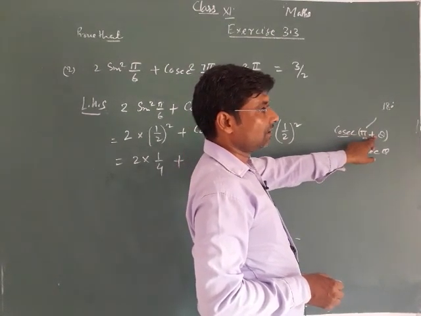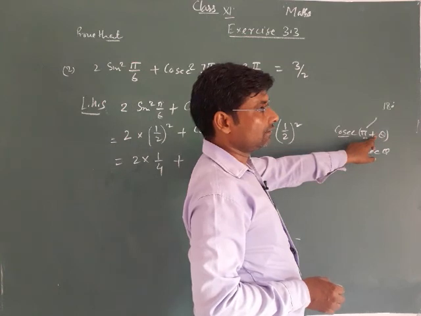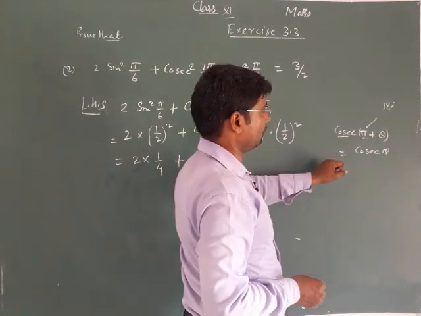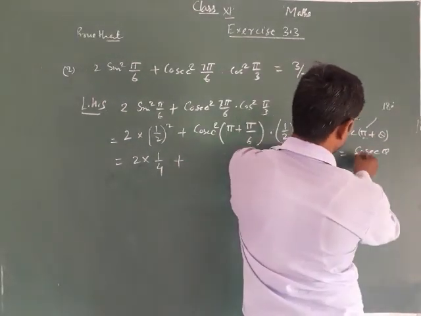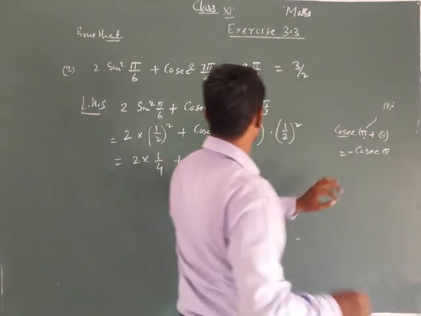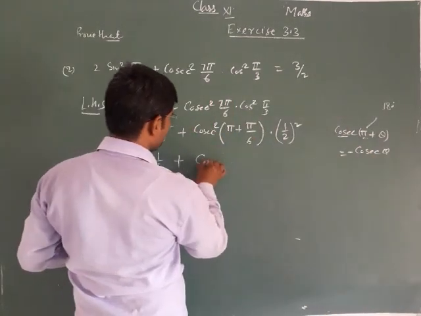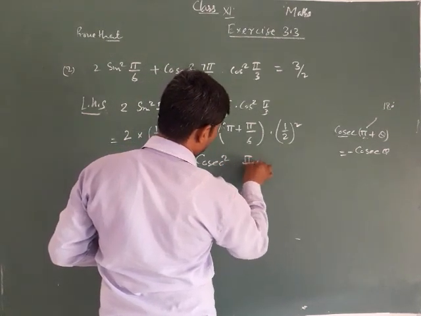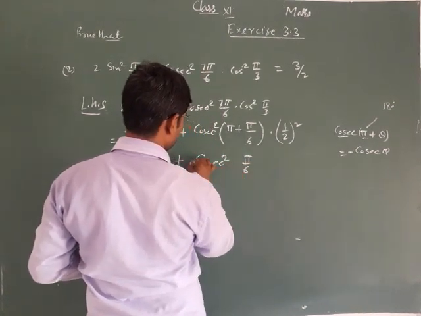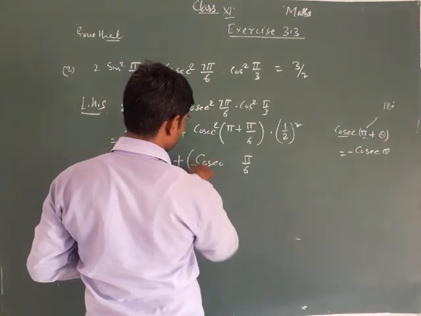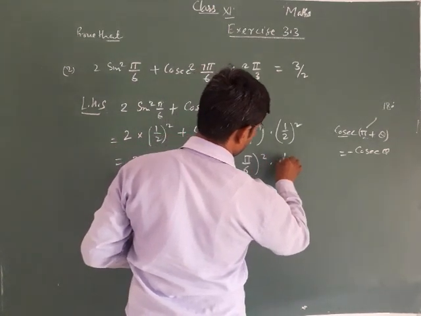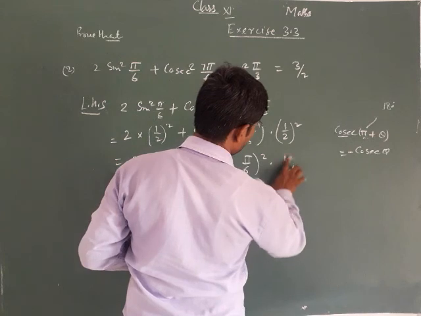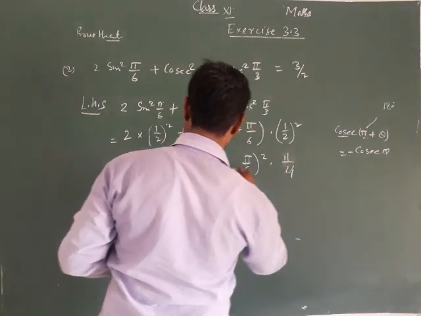Pi plus theta lies in the third quadrant, so the value is negative. So now cosec square pi by 6, this is squared, and 1 by 2 means 1 by 4.